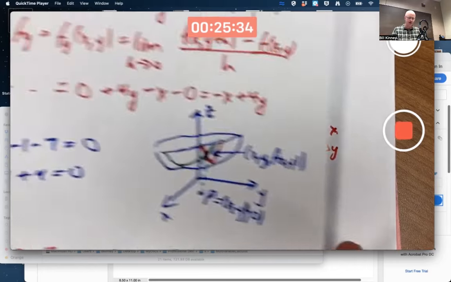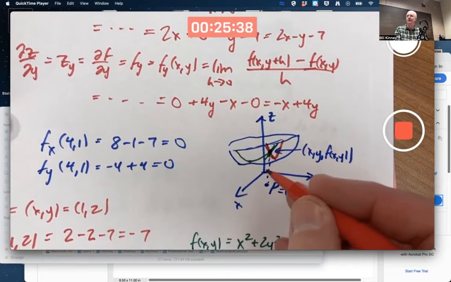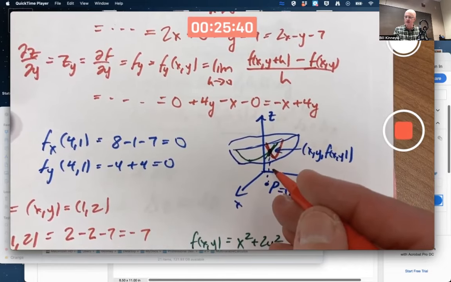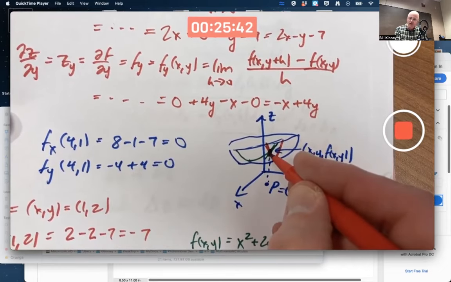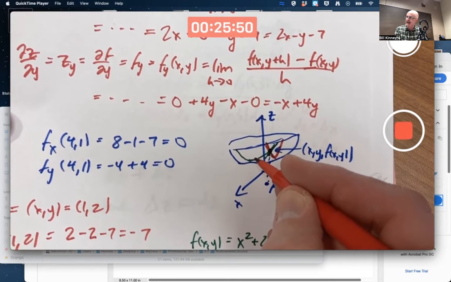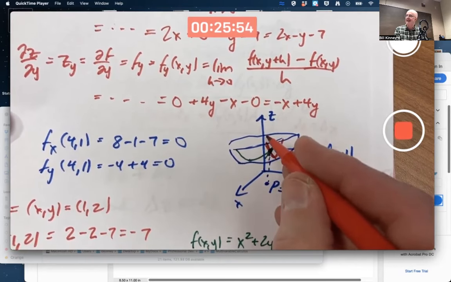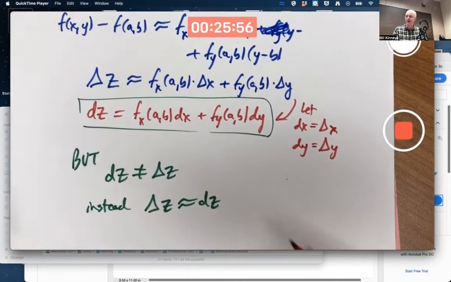In this picture here, you could imagine translating the entire three-dimensional coordinate system to this point right here, redraw the axes, but label them differently. Label the one coming out this way dx, the one going this way dy, the one going this way dz. That is one way to think about what we're doing here.